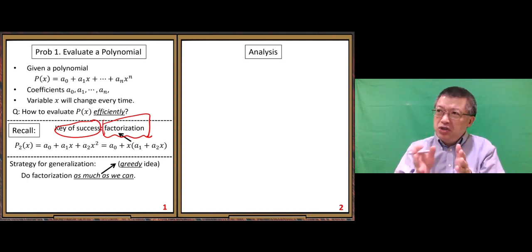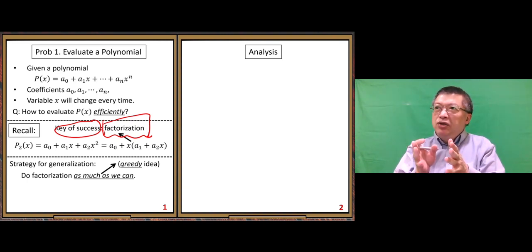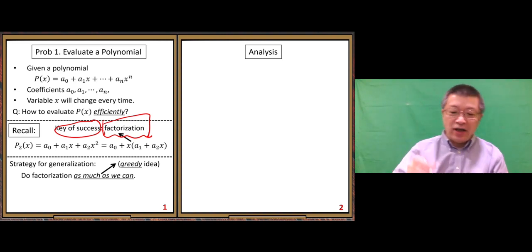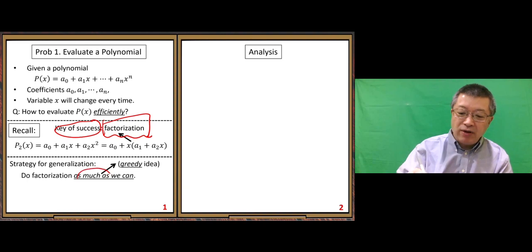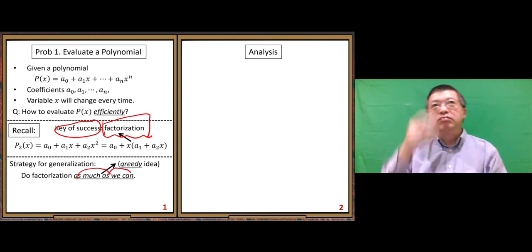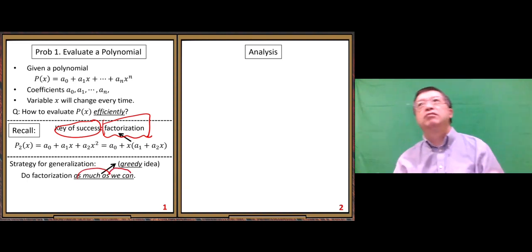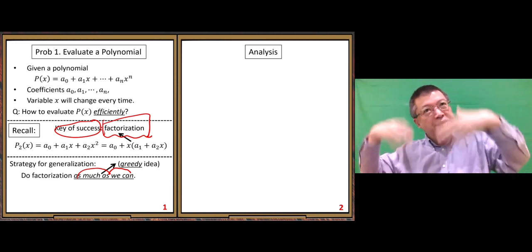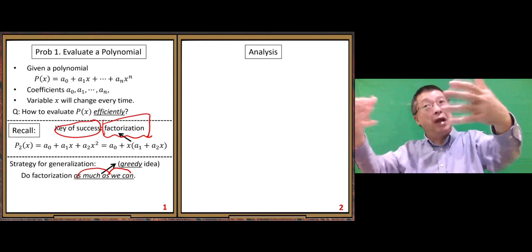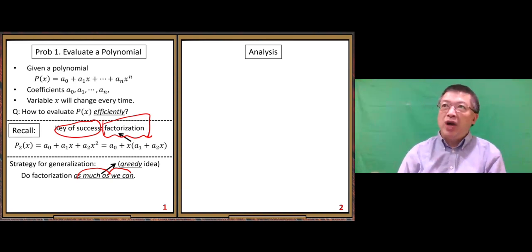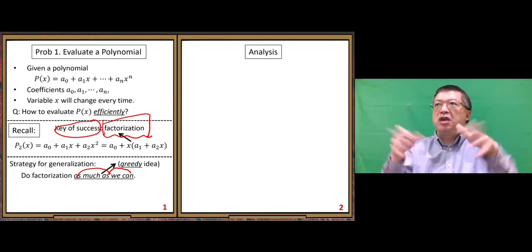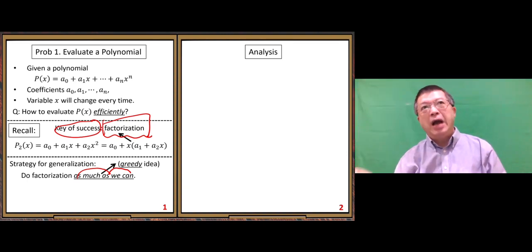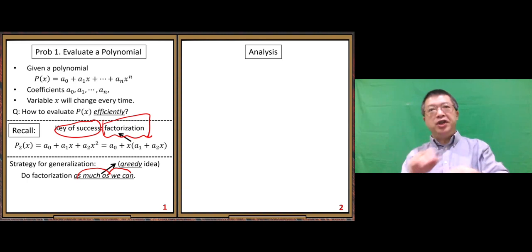When you make your decision, try to be as greedy as possible. As much as possible, as greedy as possible, similar, right? The greedy original meaning is try to get money as much as you can, right? That's greedy. But here we try to get the best performance as much as we can. So that kind of analogy here.